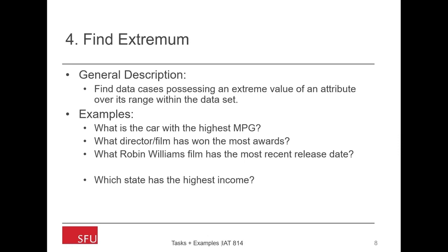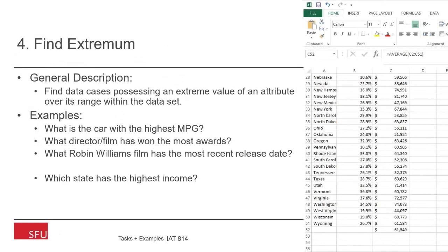And for our running example of state incomes versus college degrees, what I'm going to do now is go to Excel and just show what that looks like. So one of the things that we can do in Excel, of course, is issue another formula.